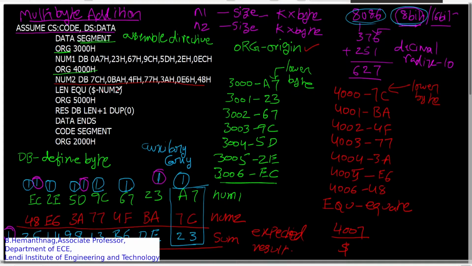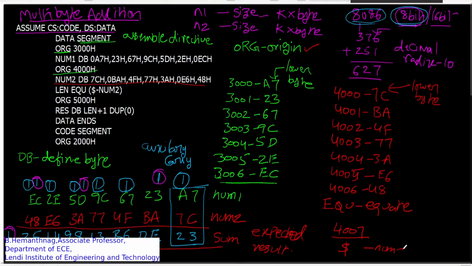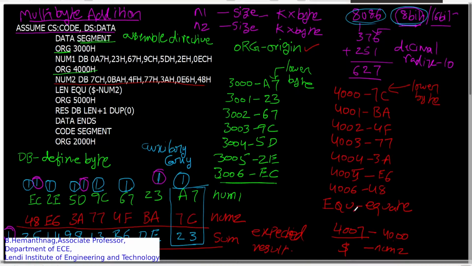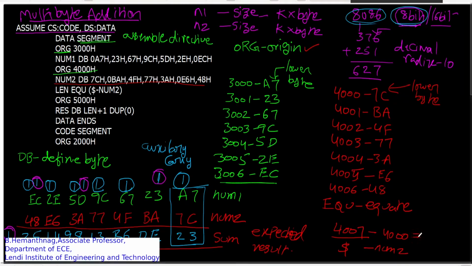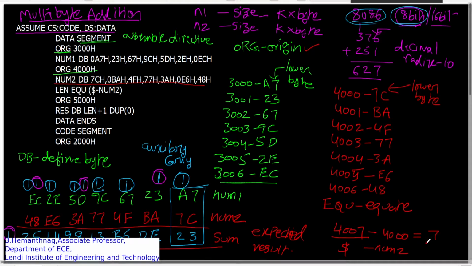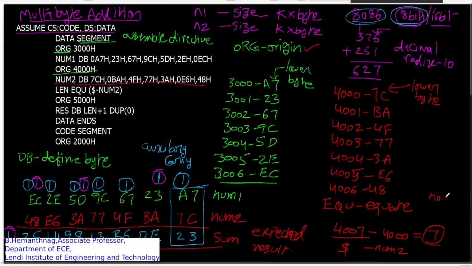Now minus num2. num2 is a label defined to indicate the 4000 offset. So when I say minus num2, it actually goes by 4000, which is the offset equivalent of the label num2. When we subtract these two, the result is the value 7, which is the number of bytes in each number that we are trying to add.